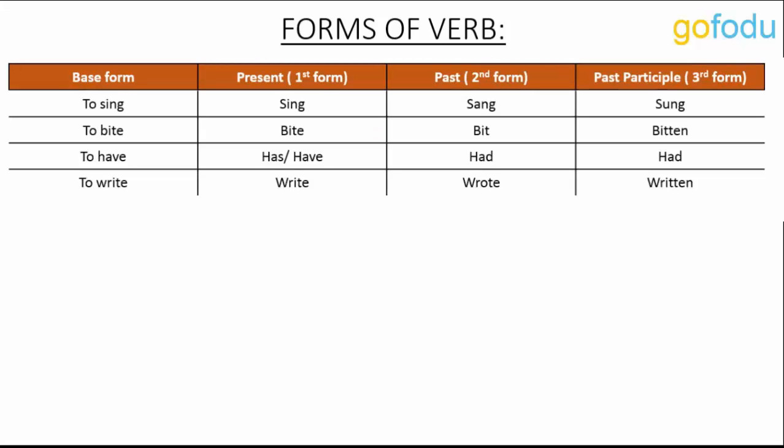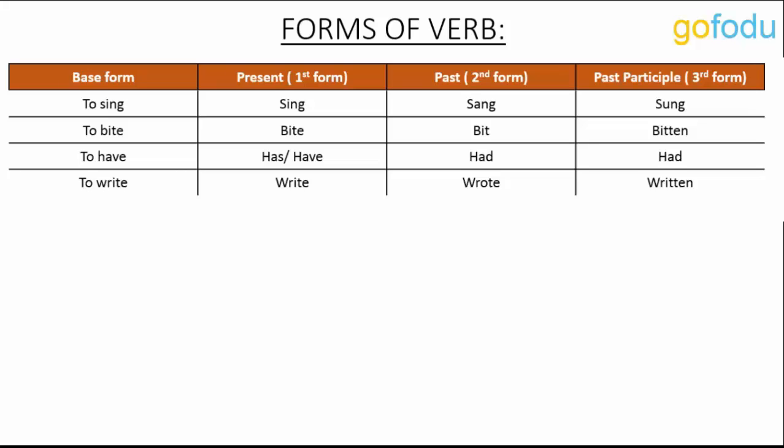The base form of the first word, let's say sing. The present form, when somebody regularly sings, or it's a generic form, would be sing. If it was in past, it would be sang. If it is in past participle, it's sung. So there are some words in which all three forms, first, second and third, are different. Sing, sang, sung. Bite, bit, bitten.